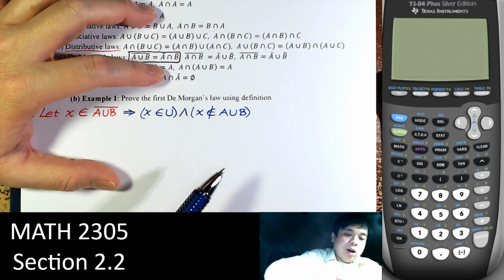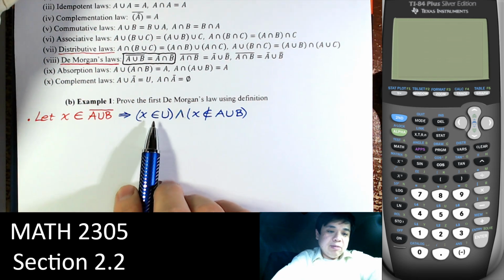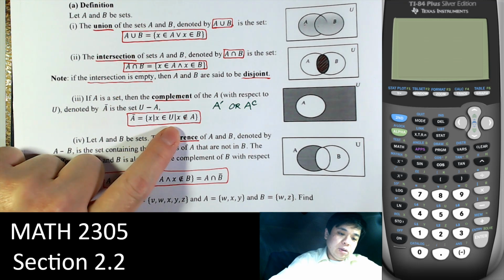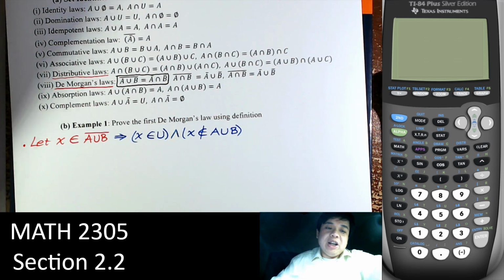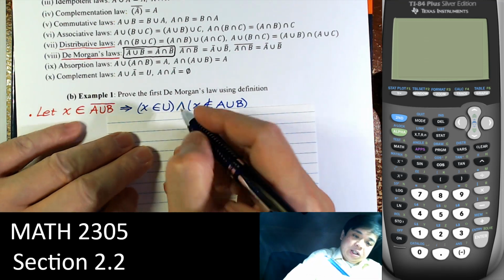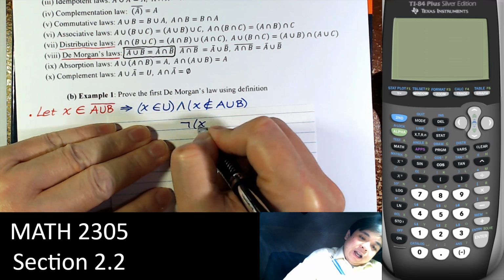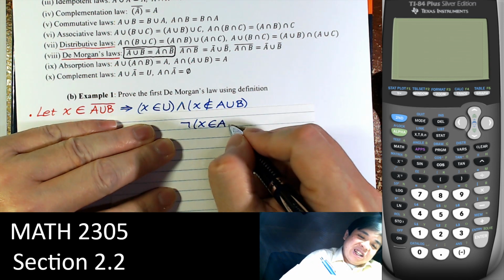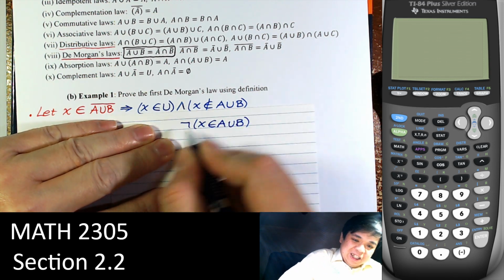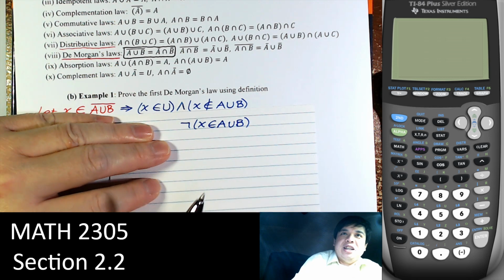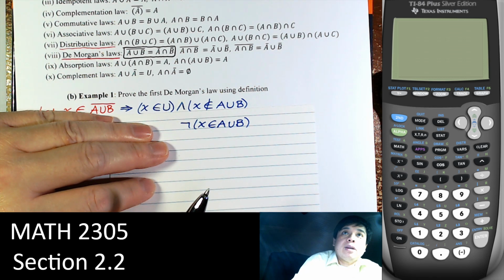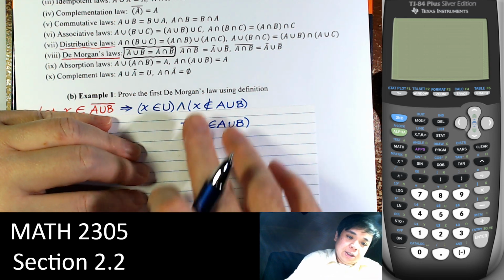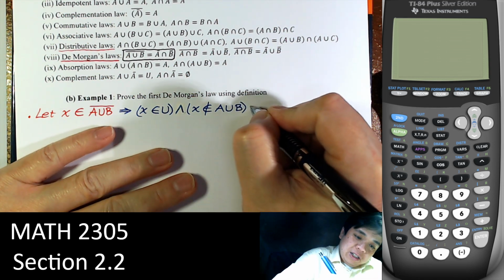By the way, we can write it either like that, or I can write it in terms of logic. X in A. Actually, I think we should write it like this: it's not true that X is in A or B. Right? So the same thing. So let's rewrite that.